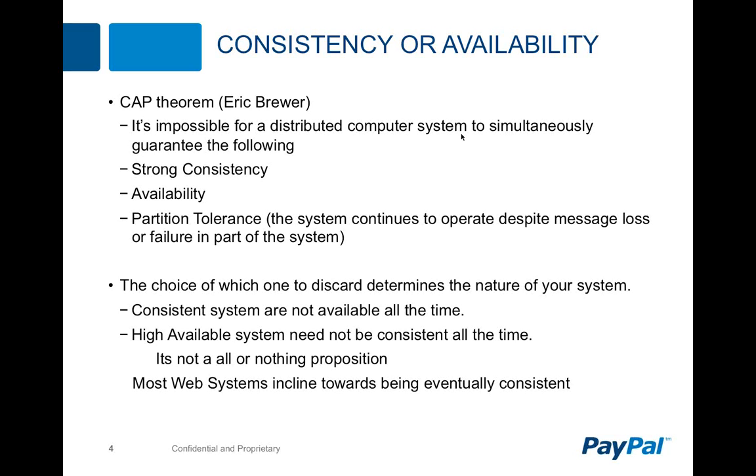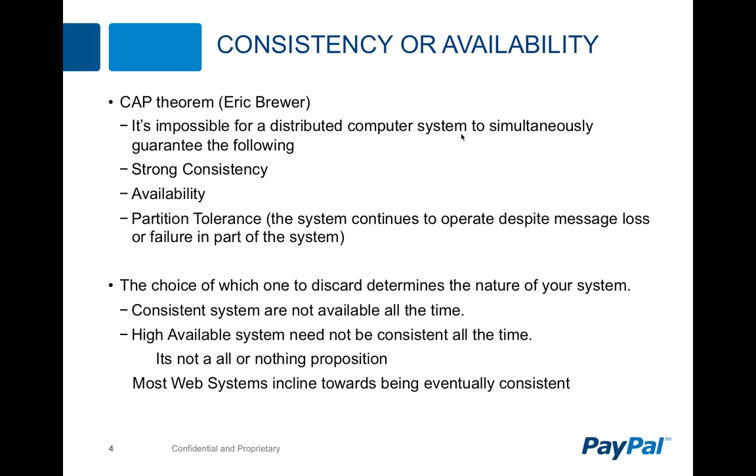Whereas the CAP theorem says that if you have a distributed system, it's impossible for you to guarantee all three. You cannot get strong consistency, the system will not be available all the time, and the system will not be able to do partition tolerance. What we mean by partition tolerance is anything that grows across the network, right?